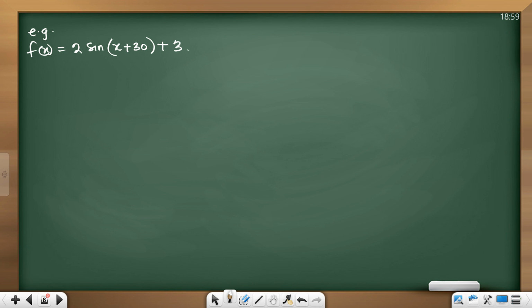Where x is an element between negative 180 and positive 180. What's your step? That's the first thing you check. What is your step?